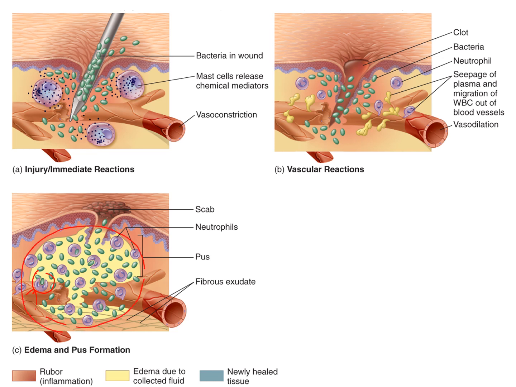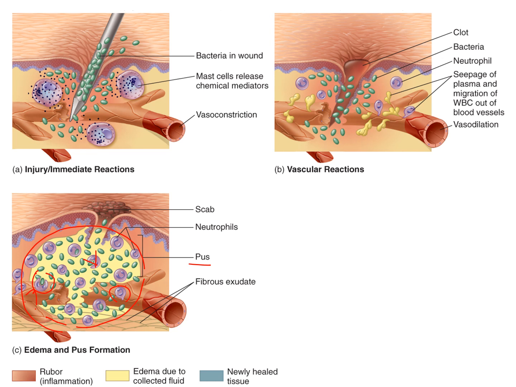So pus formation, the pus is basically composed of plasma, the liquid part of the blood that has leaked out of the blood vessels, the neutrophils, and lots of dead neutrophils, because remember, once they ingest one microbe, then they die, and also it will contain microbes.